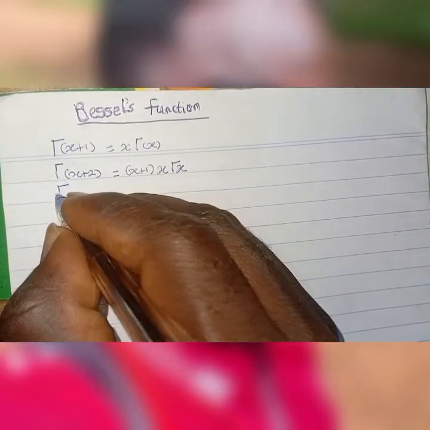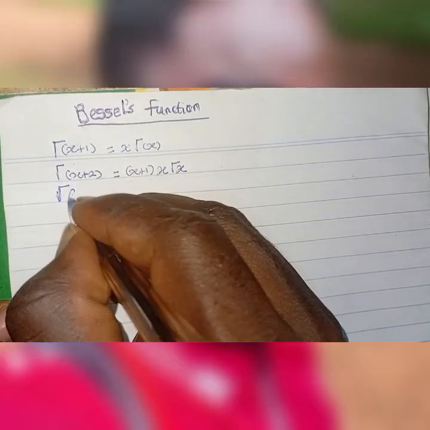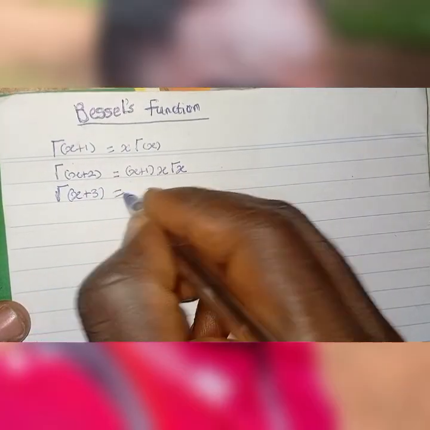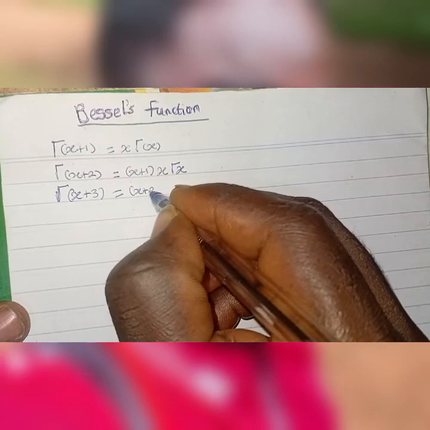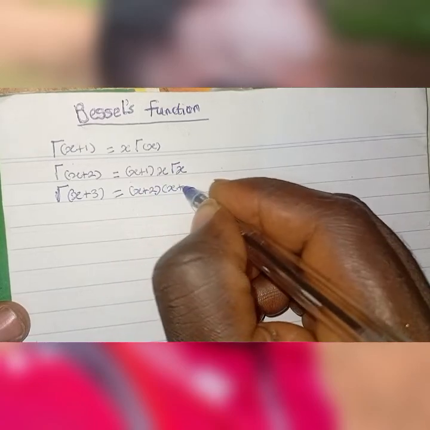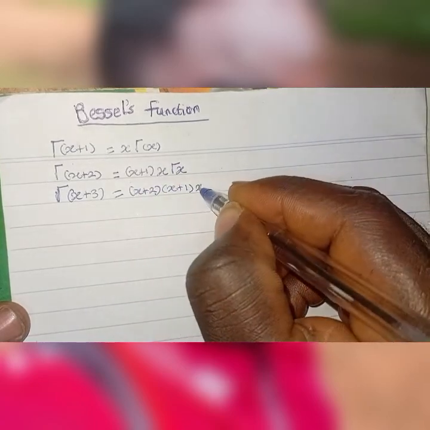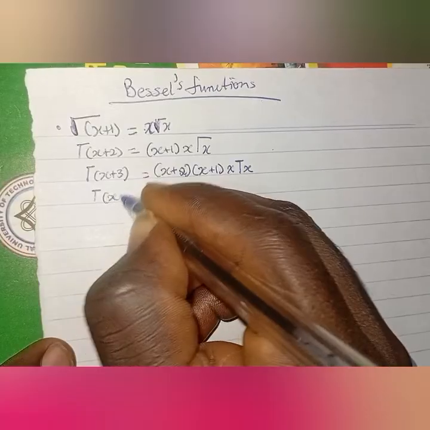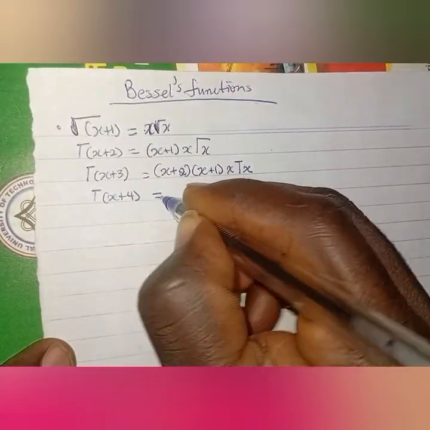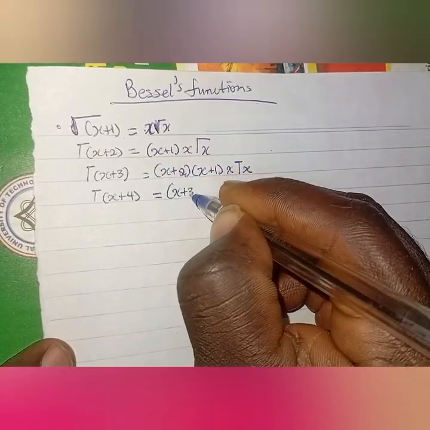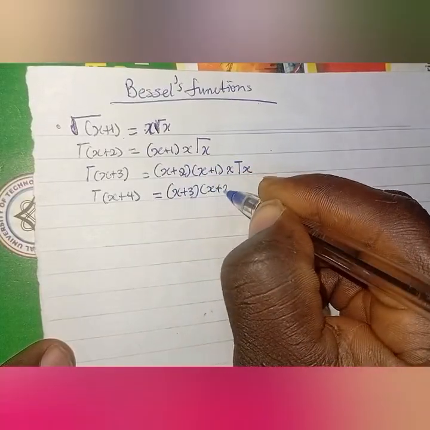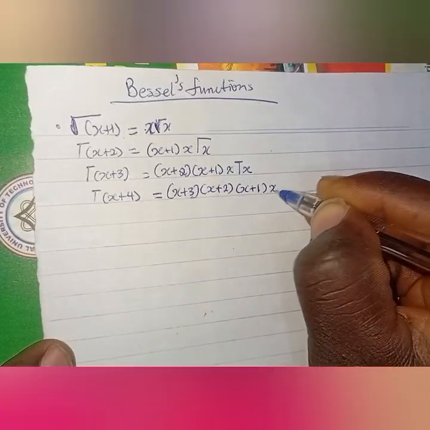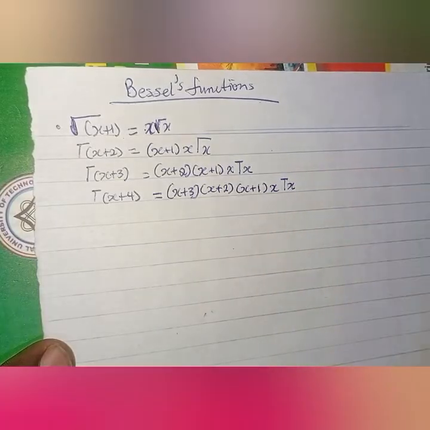If you have gamma x plus 3, it is going to be x plus 2, x plus 1, x, gamma x. Gamma x plus 4, we're going to have x plus 3, x plus 2, x plus 1, x, gamma x.